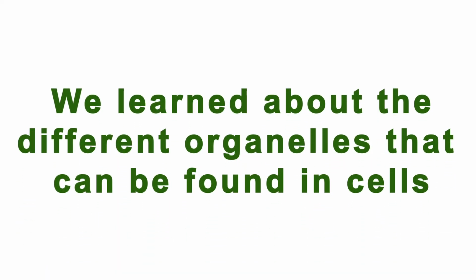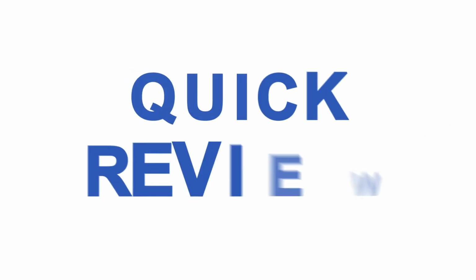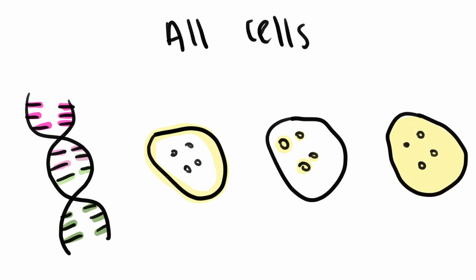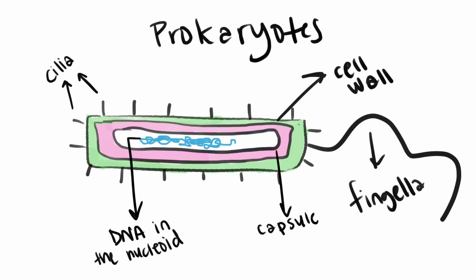So today, we learned about the different organelles that can be found in cells. Let's do a quick review. All cells have genetic material, a plasma membrane, ribosomes, and cytosol. Prokaryotes also store their DNA in a region called the nucleoid, and they usually have a cell wall, capsule, and cilia or flagella.